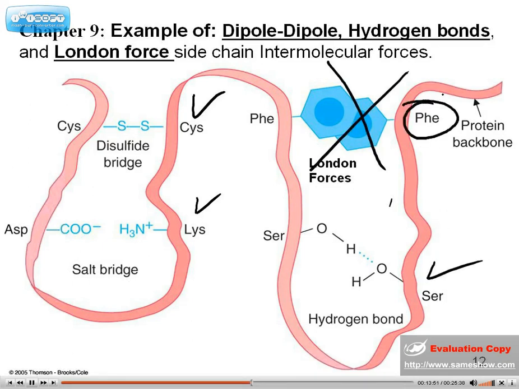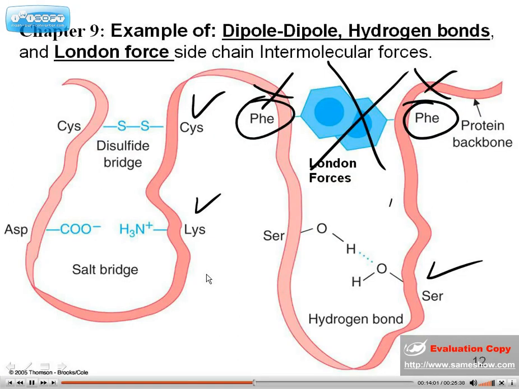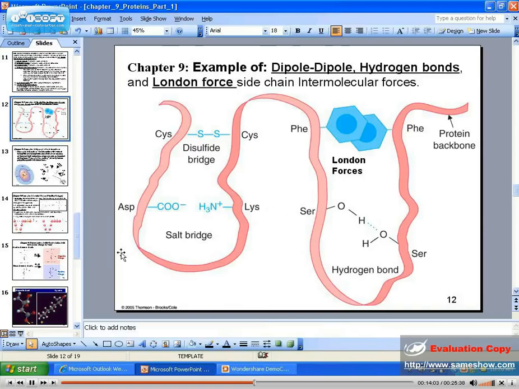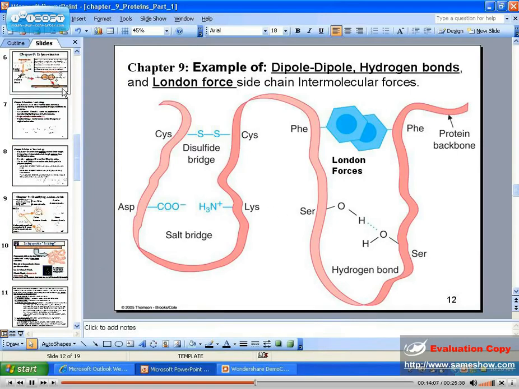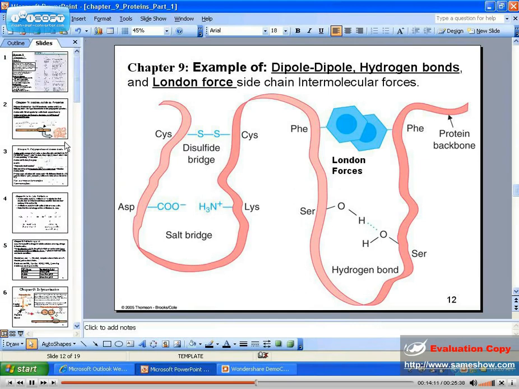Why? Because we have not talked about phenylalanine and what it looks like. So at this point, I want to go ahead and stop right here and go back a couple slides. So I know I'm jumping around quite a bit, but please stay focused.